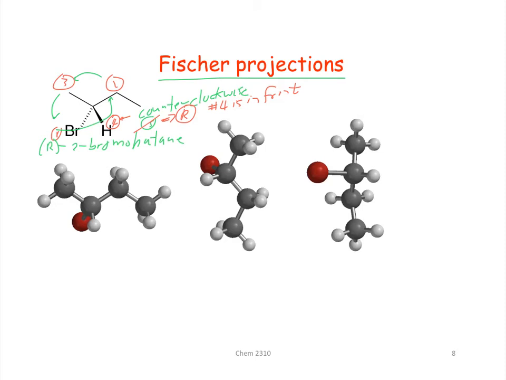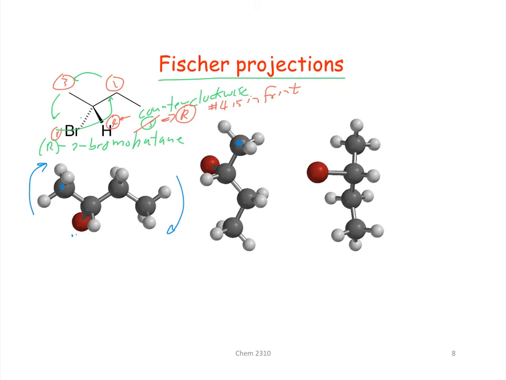Okay, so we've got these drawings here, and I'm going to use those to show you how we're going to position the molecule for this kind of drawing. So the first step is we're just going to rotate this molecule up so it's vertically oriented. Okay, so this methyl group over here just rotates up to the top. Notice the bromine's in back here, just like the one up above.